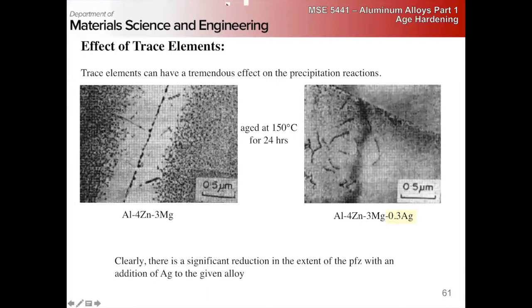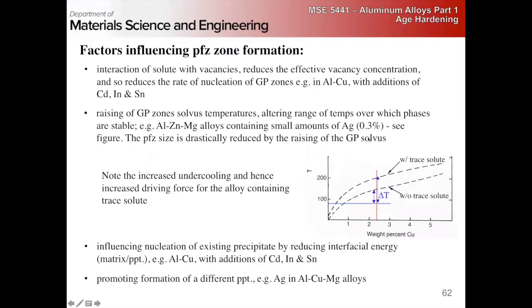Right? So there's a significant reduction that we see in these. If we look at all of the factors, there's the interaction of the solute with vacancies. That can reduce the effective vacancy concentration and reduce the rate of nucleation.